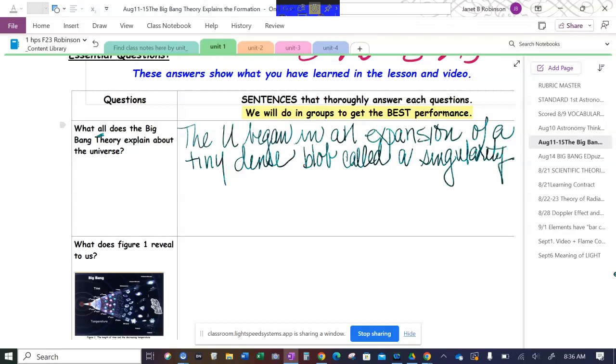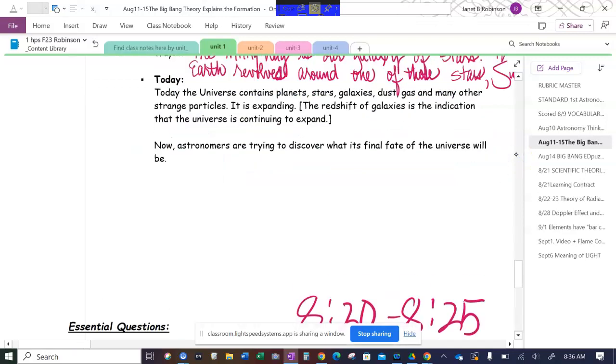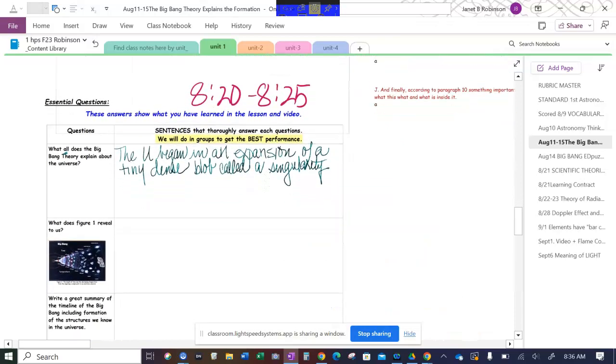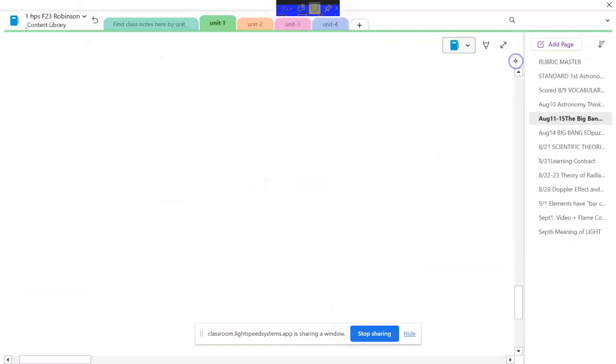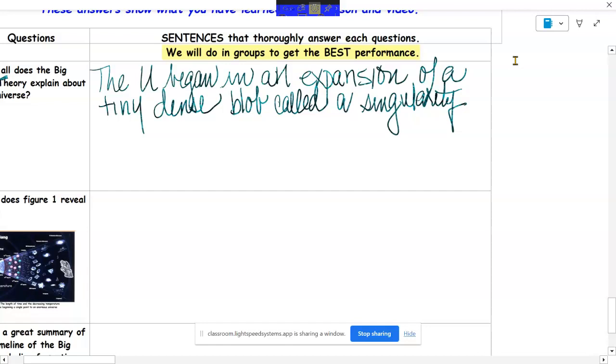It doesn't need the time now because we saw that the third question is going to ask an answer about time. The universe began in an expansion of a tiny dense blob called a singularity.